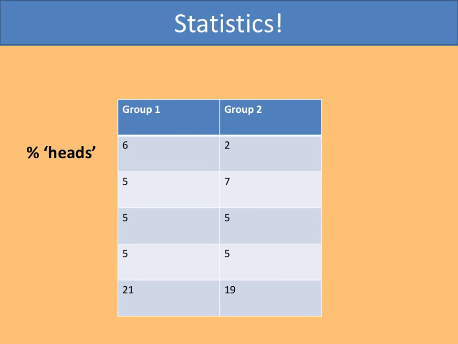Okay, and then remember, we went over this, someone flipping a coin, there's a 50% probability that it's going to come up heads. Each individual flipped the coin 10 times. It turns out the first individual came up with 6 heads and 4 tails.